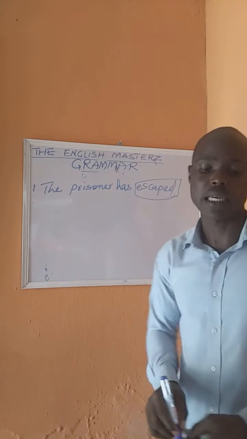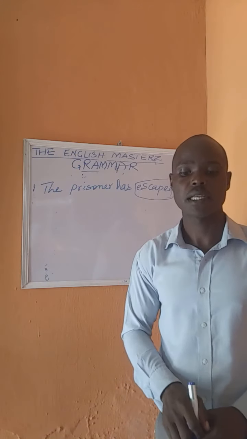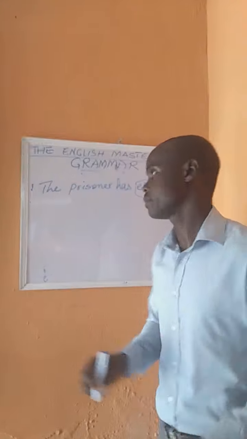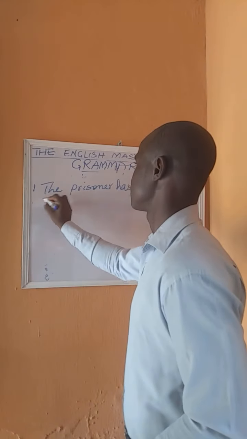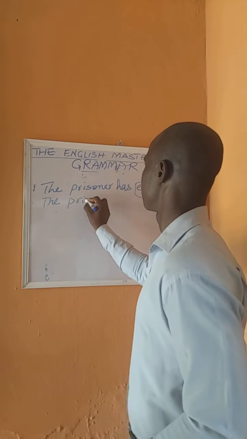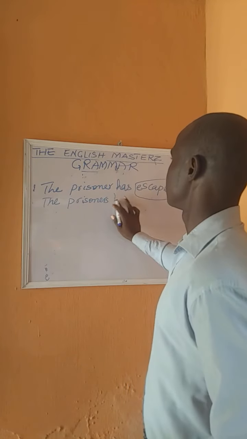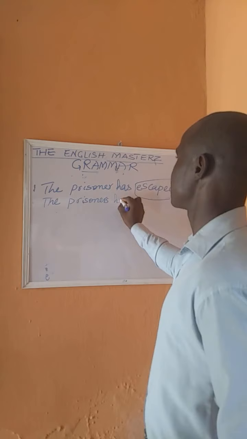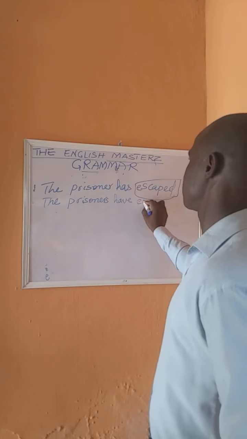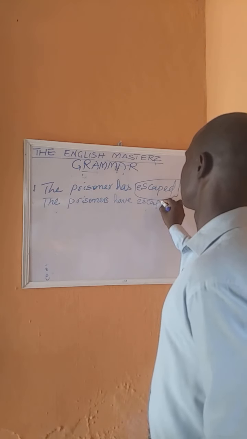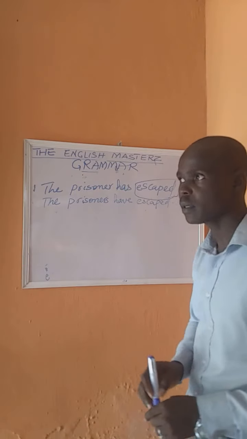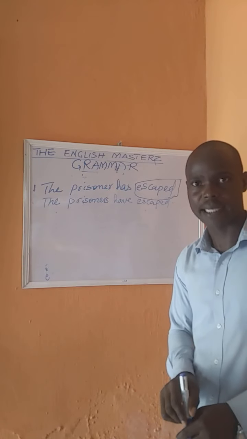Okay, now another example, we say the prisoners have escaped. Fine, the prisoners. This time around, because we used prisoners, we're using have escaped. Fine. But what about if we want to use had?